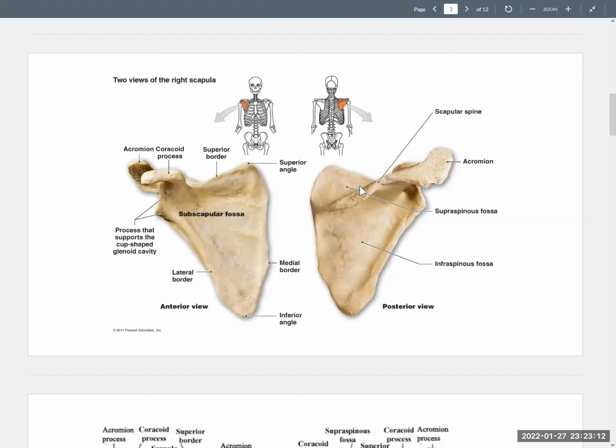Here's the spine of the scapula. You don't feel your own scapular spines because there are big muscles here and in here, and that evens everything out. But here's the spine of the scapula, and at the end of the spine is the acromion, also known as the acromion process.